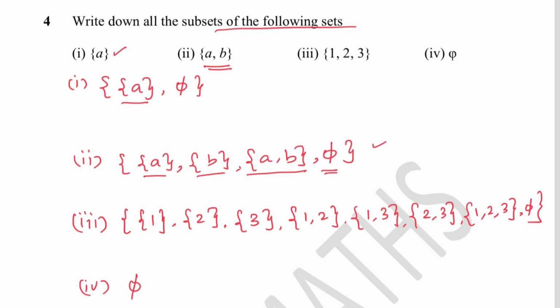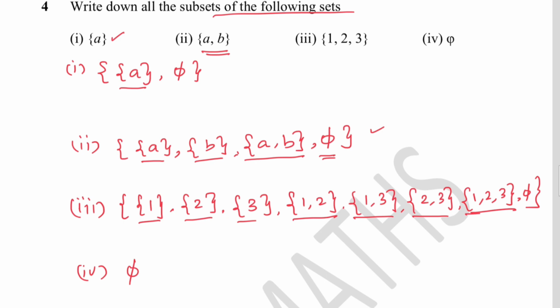So write down all the singleton sets first: {1}, {2}, {3}, then the sets containing 2 elements: {1, 2}, {1, 3}, {2, 3}, and the subset containing all the elements. The set itself is a subset of itself. So {1, 2, 3}, and the empty set.